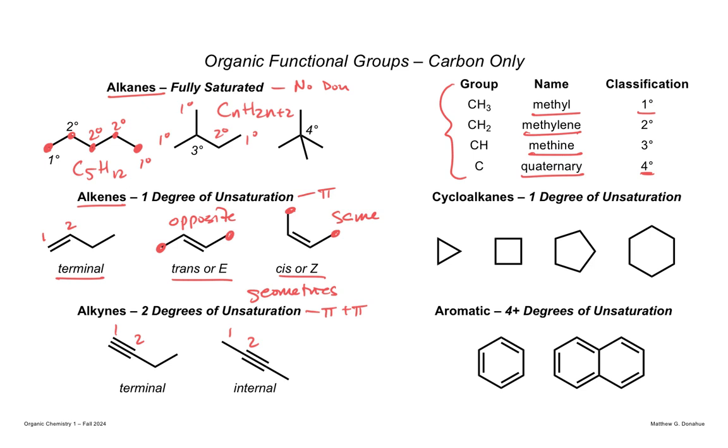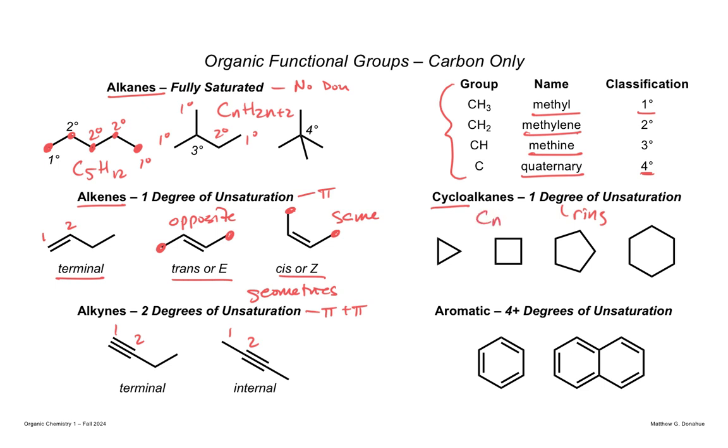We can also take acyclic chains, bond the terminal carbons together to form rings, and those are called cycloalkanes. So the carbon atoms are saturated in that they have 4 sigma bonds, but the molecule has a degree of unsaturation that is a ring.